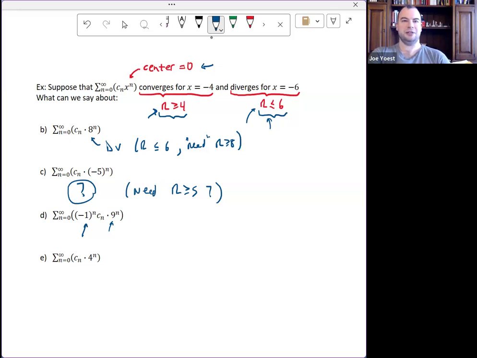The negative 1 to the n doesn't really help or hurt anything. So it's really just this one that's doing all the heavy lifting. And again, we would need a radius of convergence at least 9 for it to converge here. But the radius of convergence is at most 6. This must diverge as well.